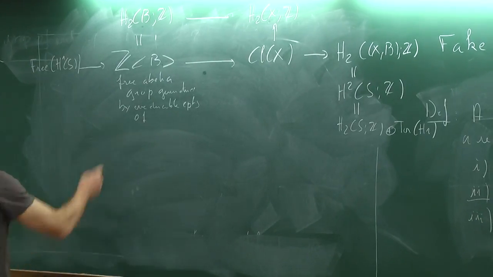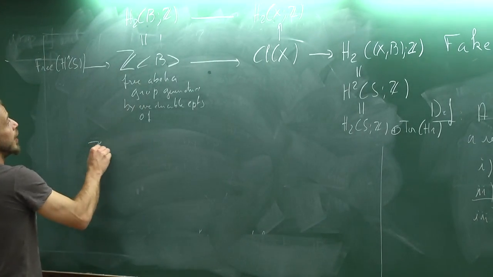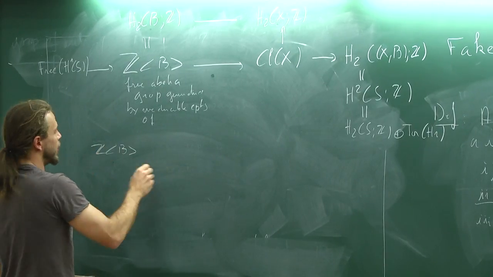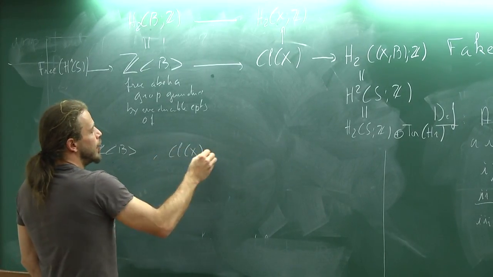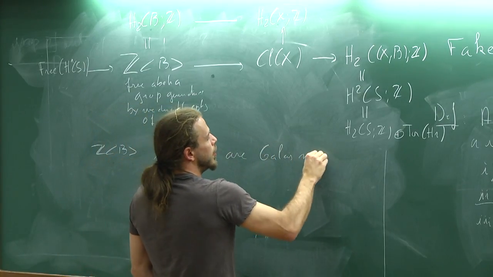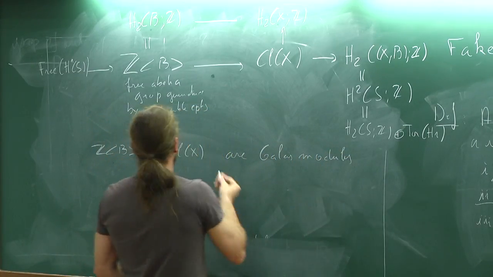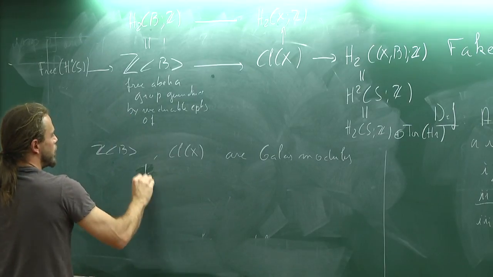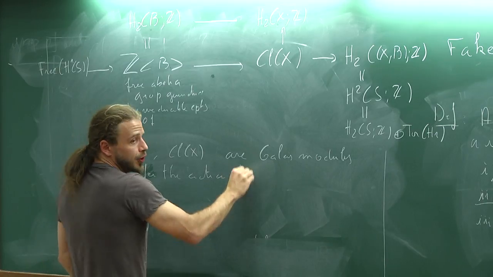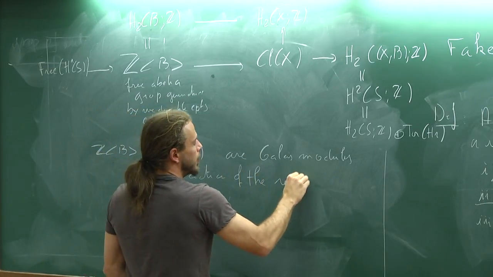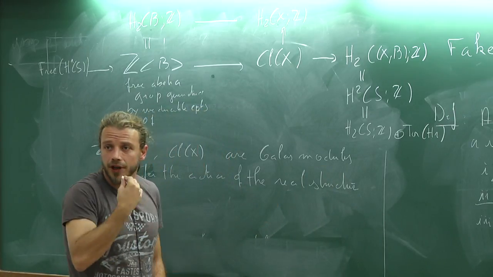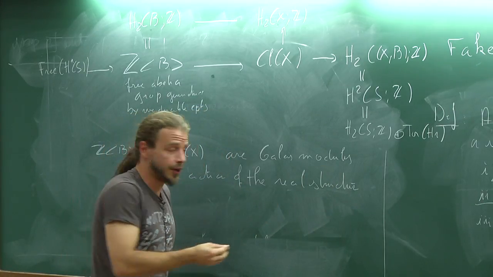Since B is defined over R and X is defined over R, these are Galois modules for the action of the real structure. So I can look at the Galois cohomology, right?